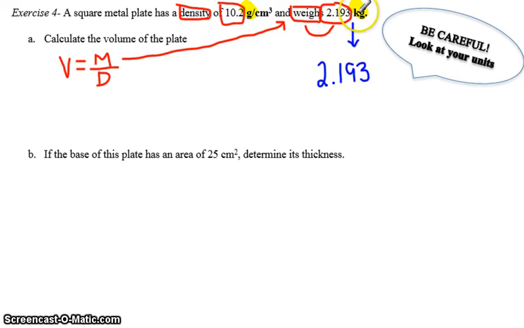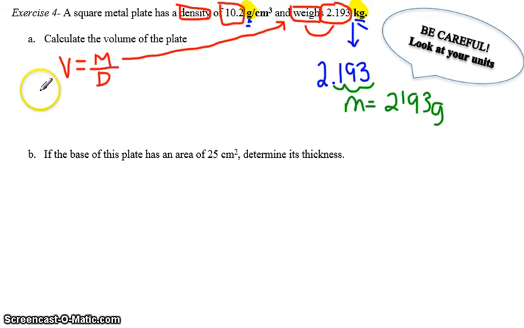So if you want to go from kilograms to grams so that this matches here, you need to move this decimal place 3 spots to the right. So your mass is really 2,193 grams. So now this gram and that gram match with the units, so now you could just substitute in your mass and your density and solve for that problem.